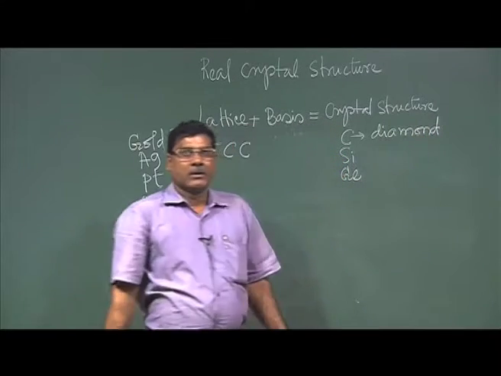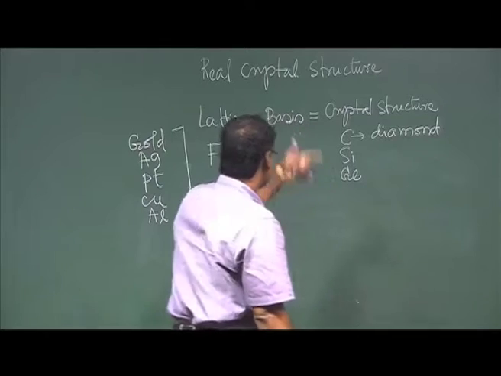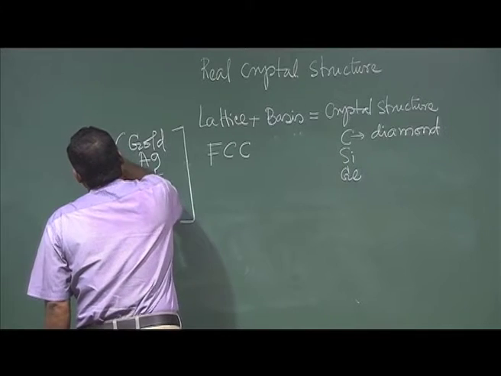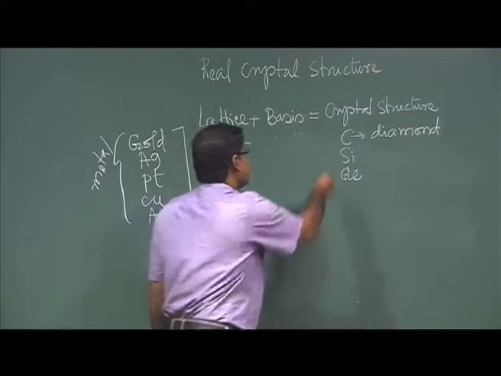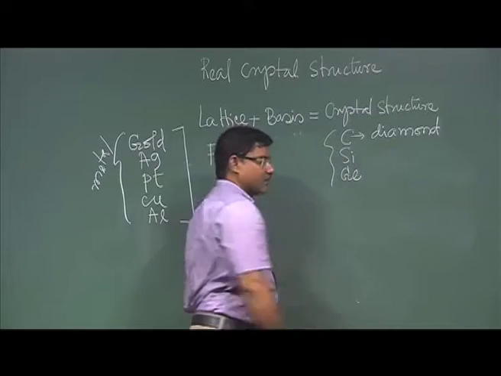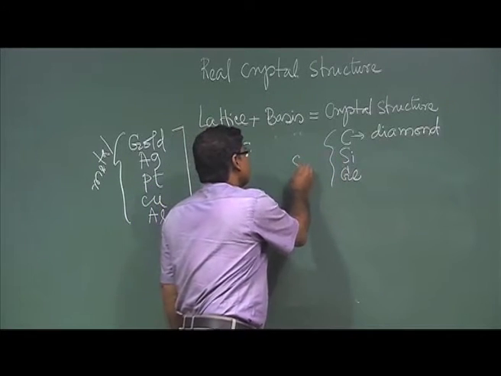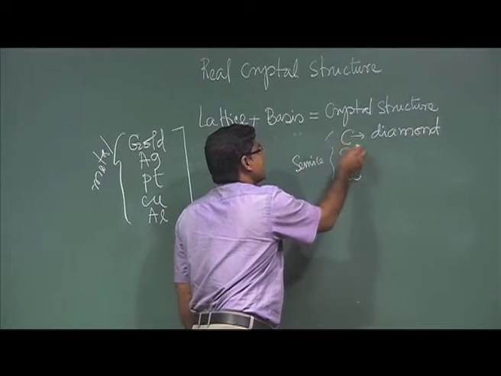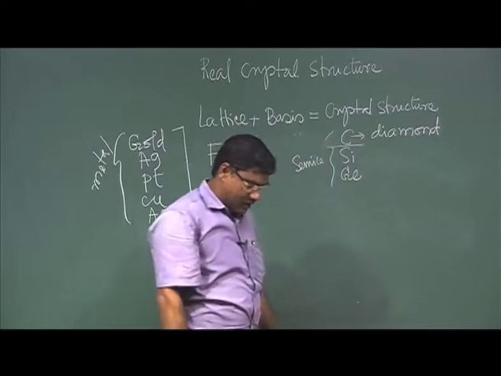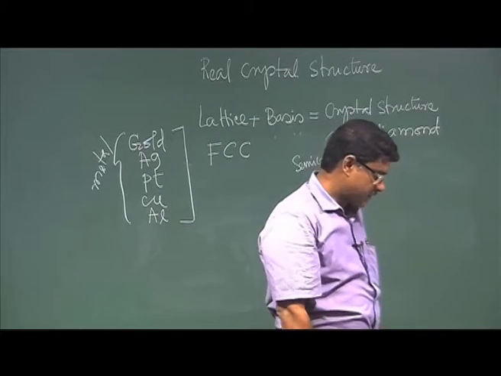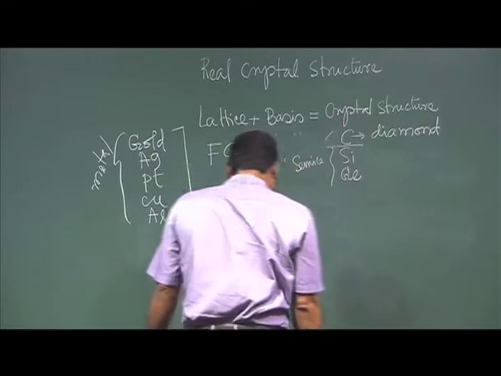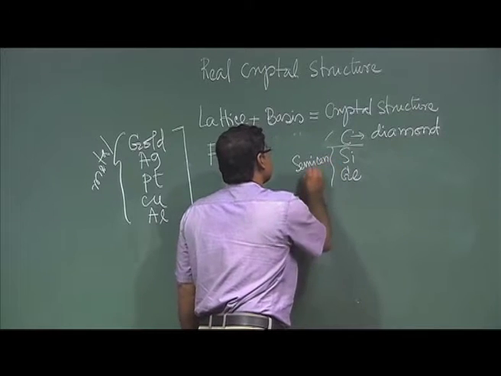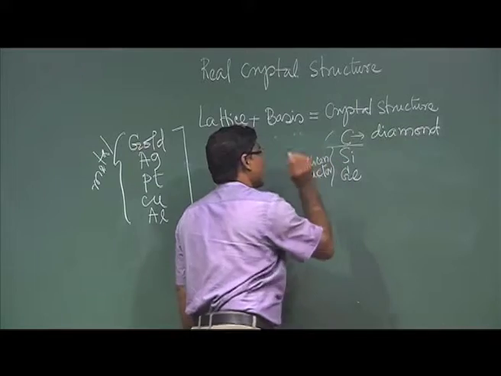Okay. So, again all these material, as I told, these are basically metal, and these are basically semiconductor. So, carbon in diamond form is not semiconductor. So, rather than carbon, this silicon germanium is basically semiconductor. Okay.